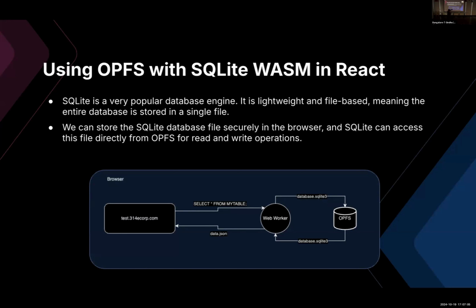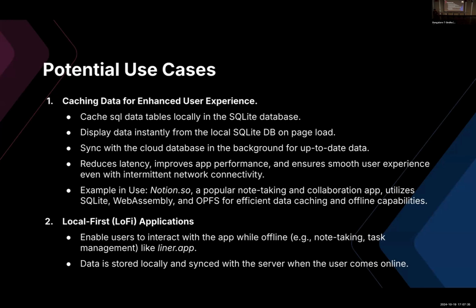Talking about the potential use cases, first, caching data for an enhanced user experience. Similar to what I explained in the Notion scenario, they use SQLite to store data. Nowadays this local-first approach is quite popular.